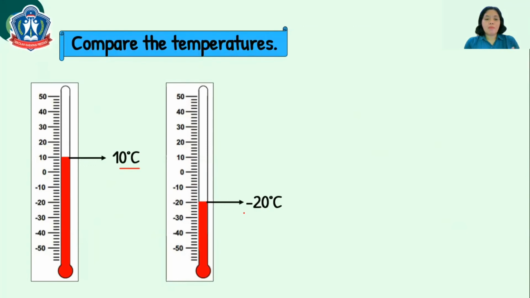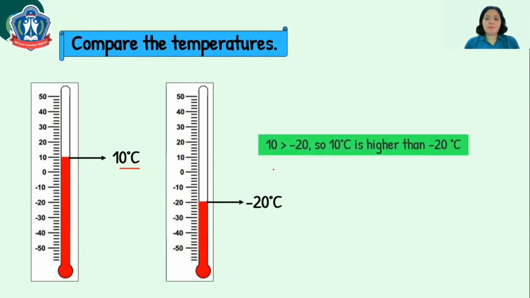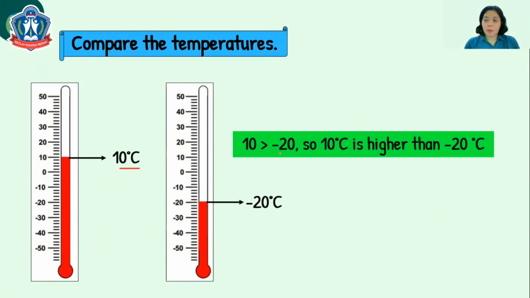Now, remember that numbers that are greater than 0 have a greater value. And numbers that are smaller than 0, the negative numbers, have a smaller value. So 10 is greater than negative 20, right?